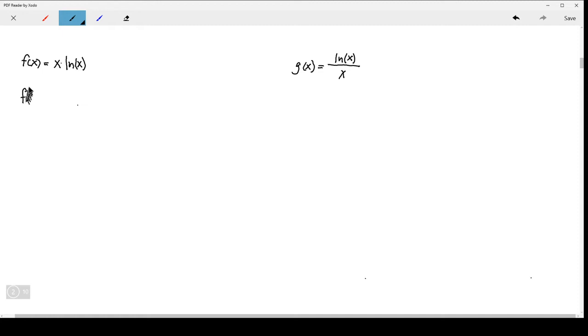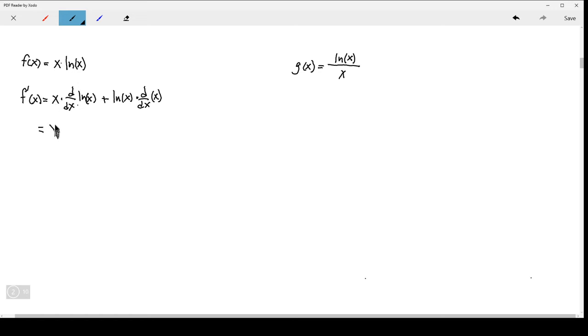So I'm going to go f prime of x is going to be first x times the derivative of the second, ln of x, plus the second, ln of x. Actually, I should be consistent with my parentheses if I'm going to do that, times the derivative of the first.